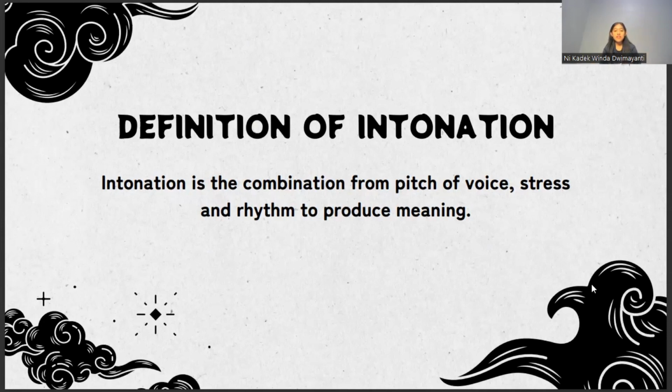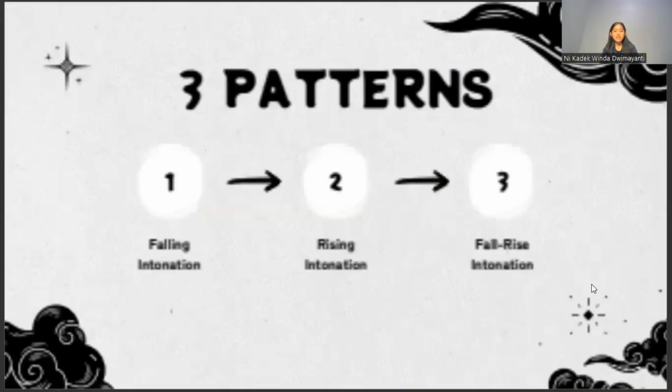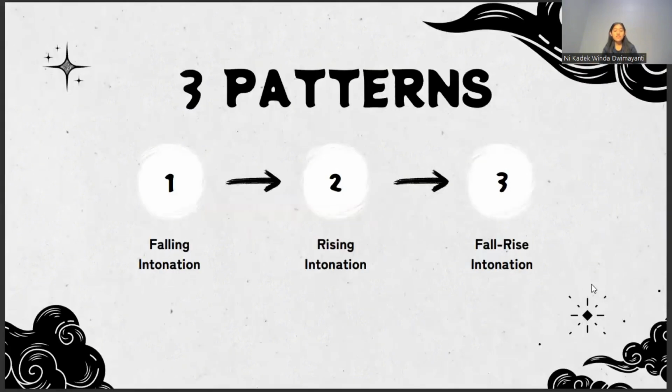There are three types of intonation. The first is falling intonation. Falling intonation is intonation that is characterized by a tone of voice that drops at the end of the sentence. And then number two is rising intonation.